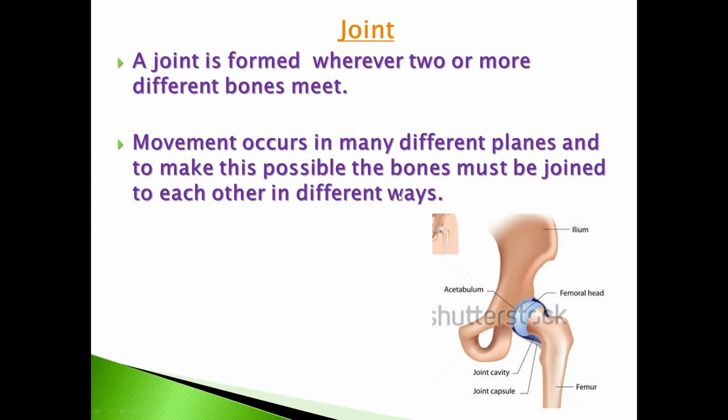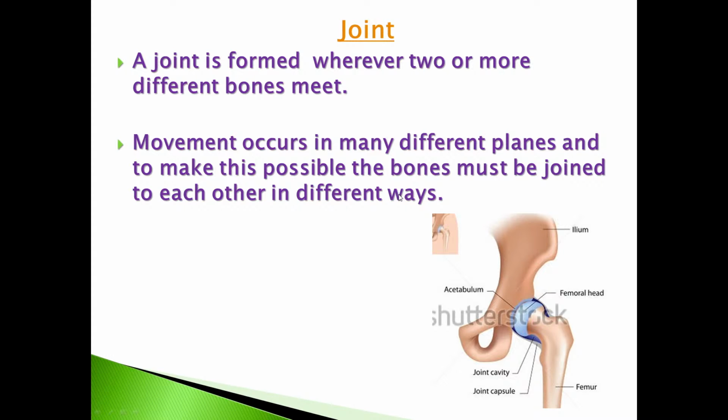For example, the image on the diagram is showing a joint formed at the hip region of the human body. Other places on the body where we can locate joints include the knee, the elbow, the wrist, the ankle. Those are places where you have at least two bones meeting in order to form that particular joint.